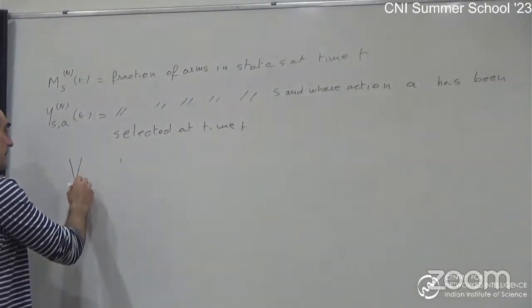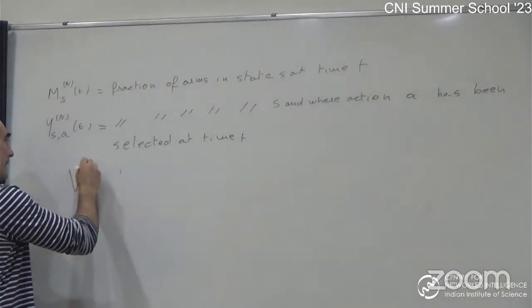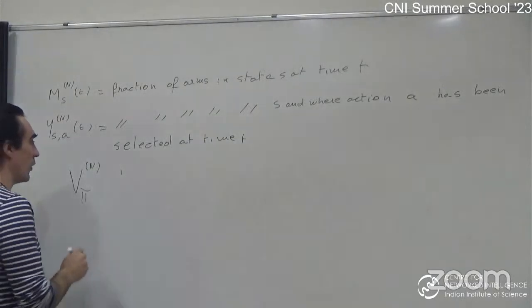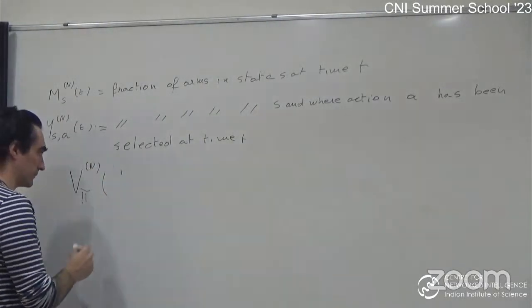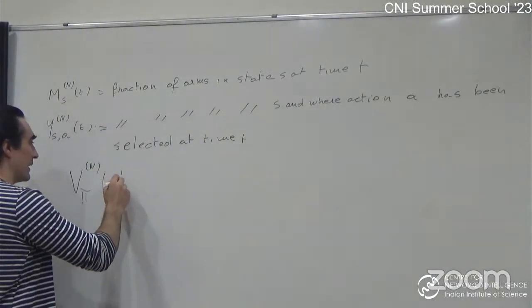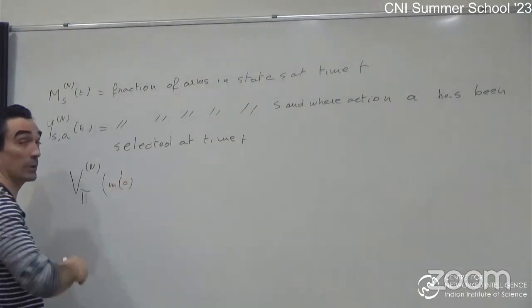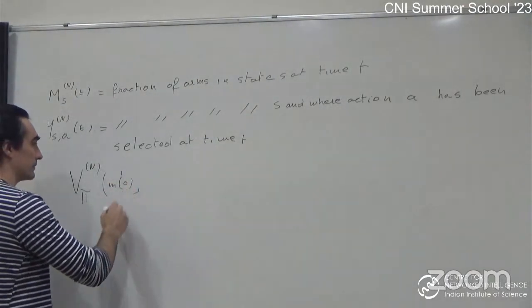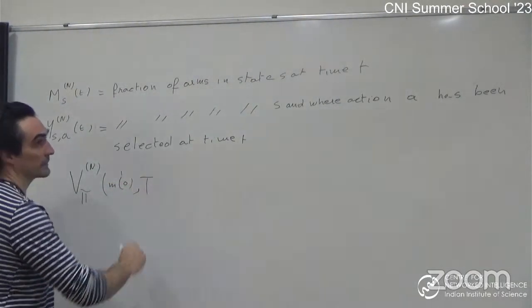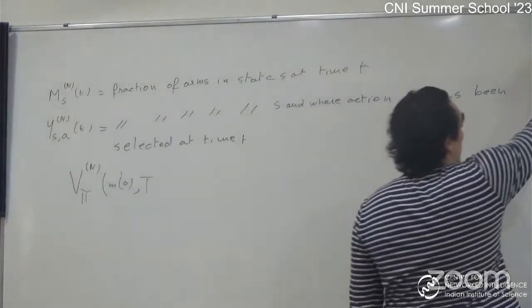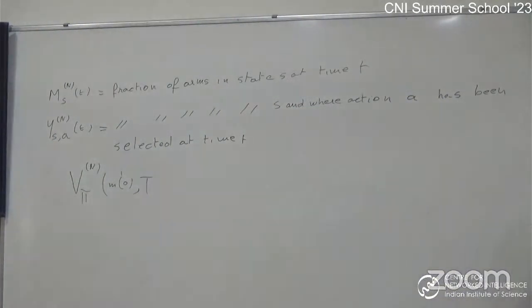Let's call V, phi, N the optimal value when I start with an empirical distribution of the initial state N0.